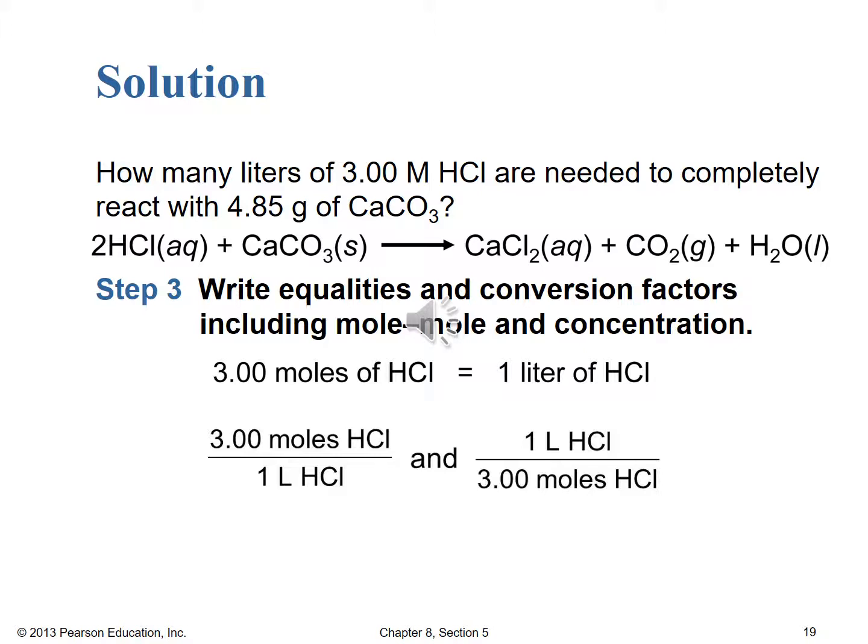So we can either have the liter in the denominator or the liter in the numerator, and the 3.00 moles would go wherever the liter is not, in order to make the equality into a conversion factor. So obviously in this case, since liter is our final answer, liters of HCl solution, we'll need the 1 liter of HCl up top and the 3.00 moles of HCl in the denominator.